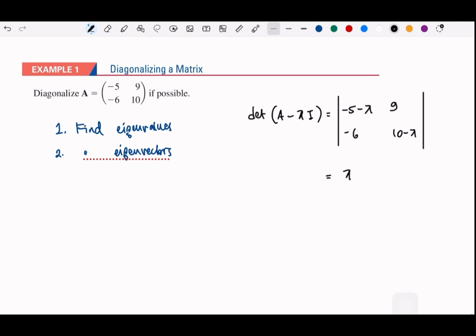This will be lambda squared minus 10 lambda, plus 5, so it's minus 5, and then minus 50, and then plus 54, so plus 4, right? Immediately we can factorize this, equal to 0. Minus 1, minus 4, so we have lambda 1 is 1, lambda 2 is 4.